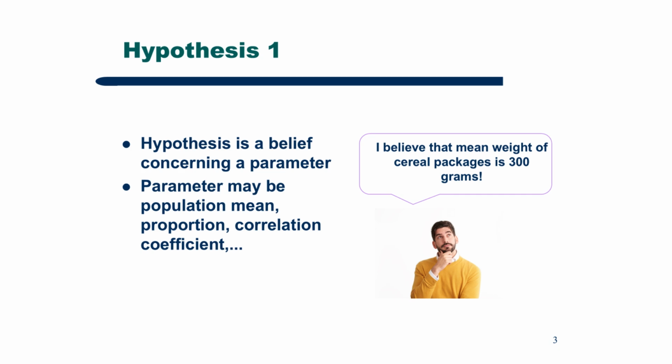This is a hypothesis about the population mean, and it can be tested statistically using sample data. If the data supports this belief within an acceptable margin of error, we may retain the hypothesis. Otherwise, we might reject it in favor of an alternative explanation. Hypothesis testing provides a systematic and quantitative method to make such decisions rather than relying purely on assumption or intuition.